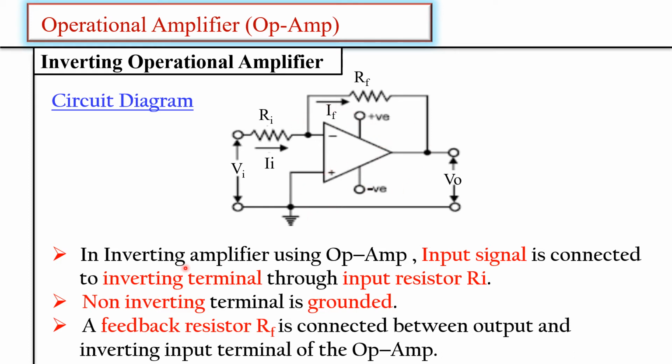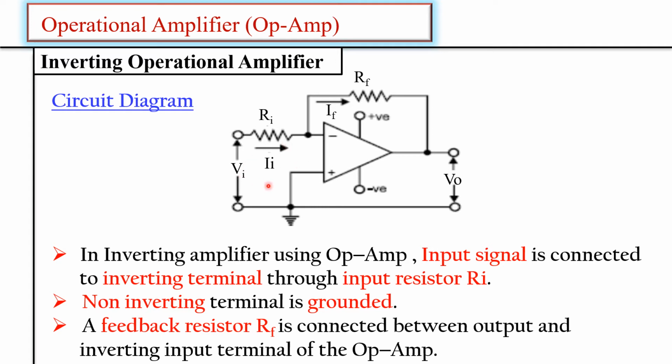Clear? So in the inverting amplifier using op-amp, the input signal is connected to the inverting terminal through the input resistance Ri. The non-inverting terminal is grounded. A feedback resistor Rf is connected between the output and inverting input terminal of the op-amp.